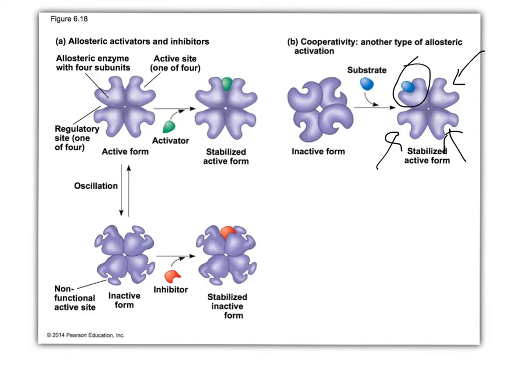Some enzymes are produced in an inactive form, then they're bound by an activator, and they go to the active form. In other cases, they're produced in an active form, an inhibitor can bind, and now it goes to the inactive form. It's either on or off. In this case, they're showing you that an activator or an inhibitor can bind to the regulatory site, shutting it on or off.